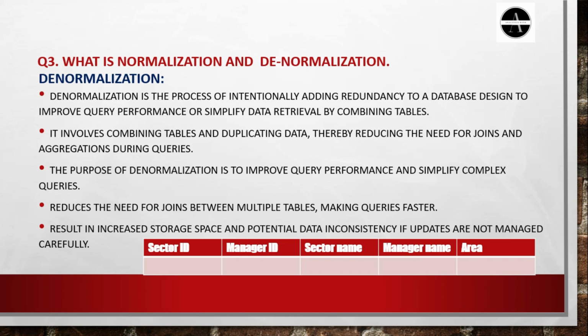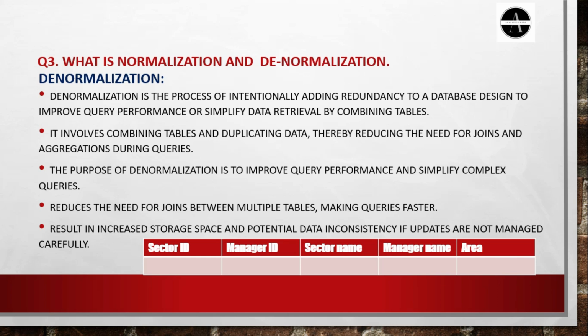But here we have one disadvantage, which results in increased storage space and potential data inconsistency if updates are not managed carefully. Now, continuing with the earlier example, a denormalized version could involve merging the sector and manager tables into a single table. Here, sector and manager information are combined into one large table, making it easier to retrieve data about a sector and a manager with a single query.